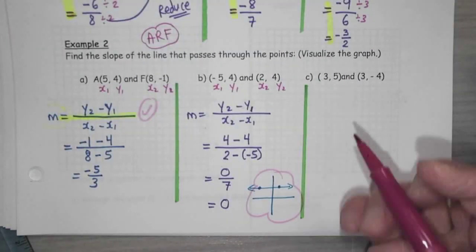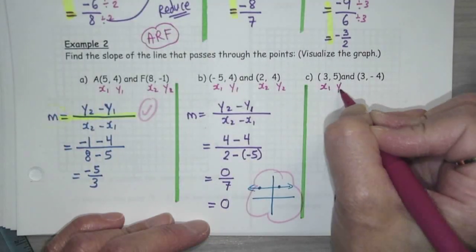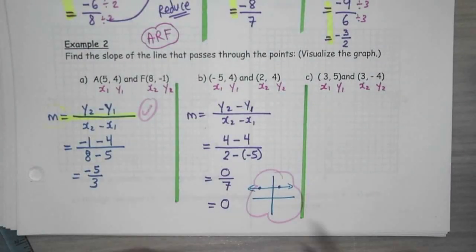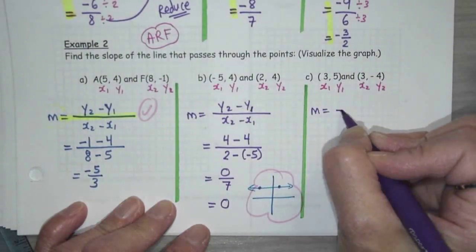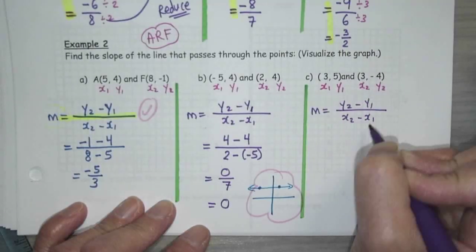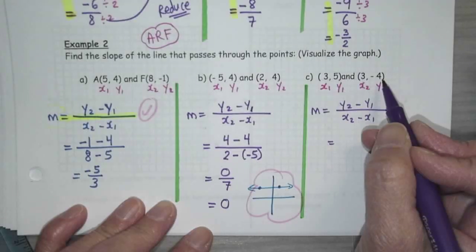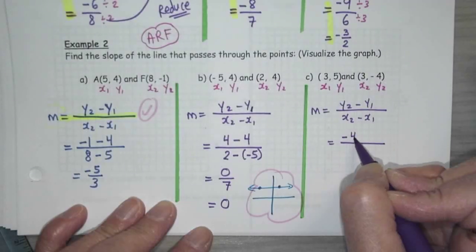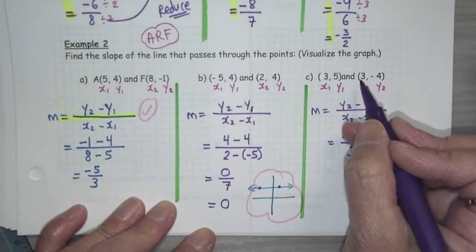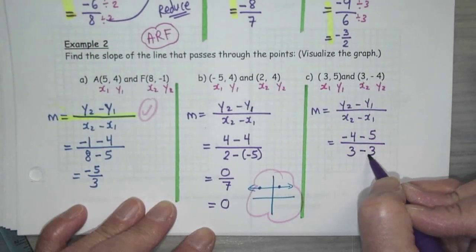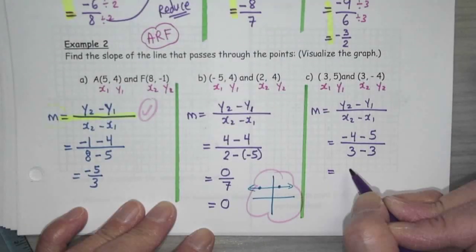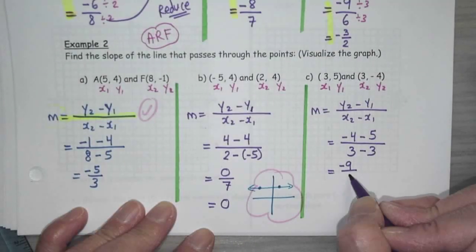Okay, the next one, let's try it again. x2, y2, and we're doing m equals y2 minus y1 over x2 minus x1. Okay, y2 is negative 4 minus 5. x2 is 3 minus 3. 3 minus 3, that gets me negative 9 over 0.